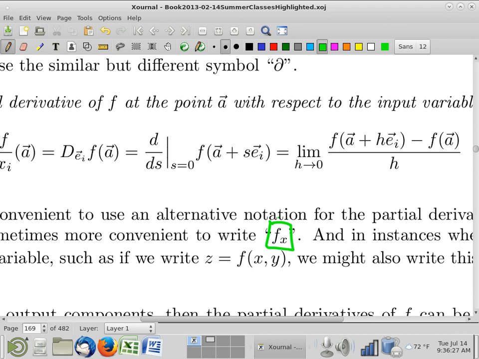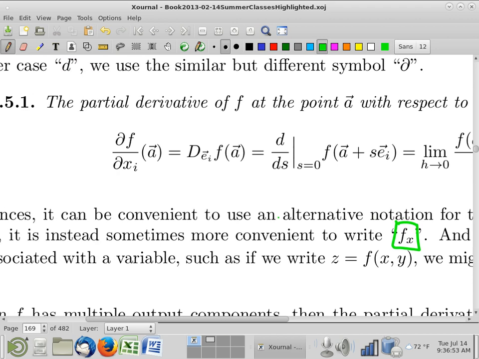You just write it as a subscript, with the function that you're taking the partial of, and a subscript of the variable with respect to which you're doing a partial. Surprisingly common notation. I don't like to use it unless I really feel like I am in need of compactifying my equation, because it doesn't leap off the page at you as well.